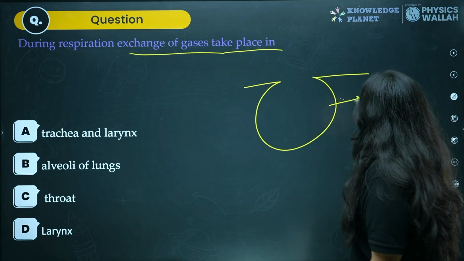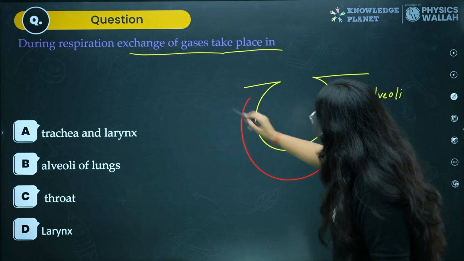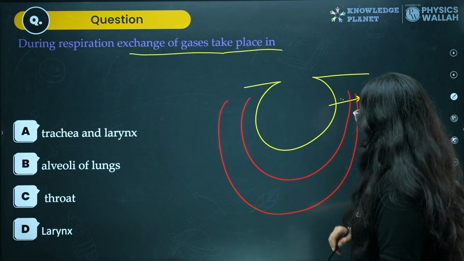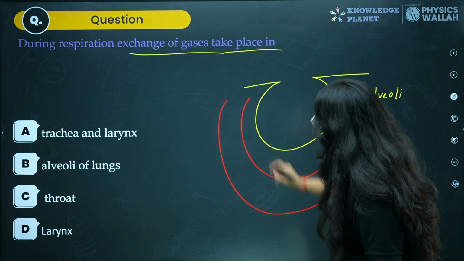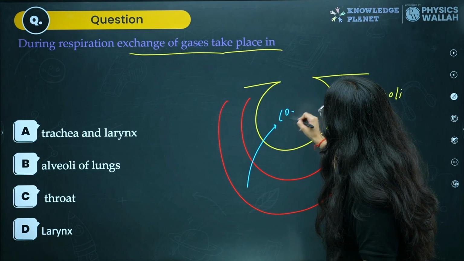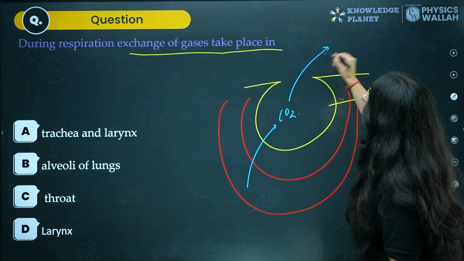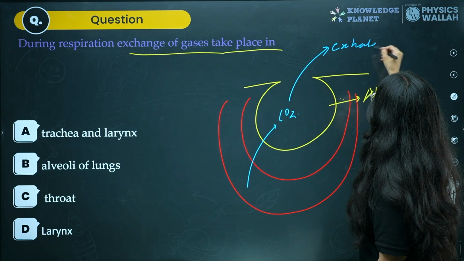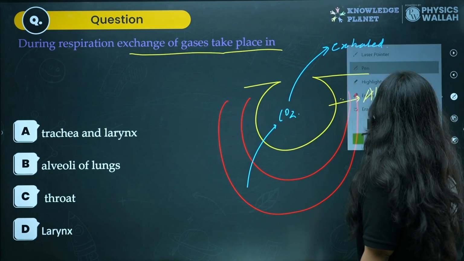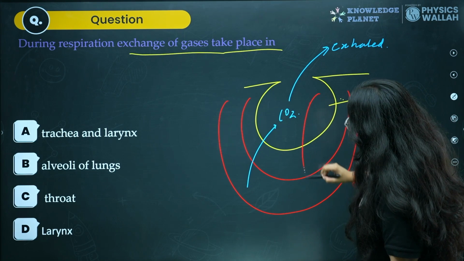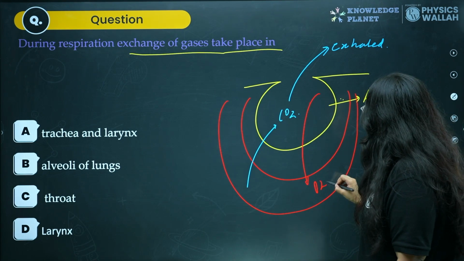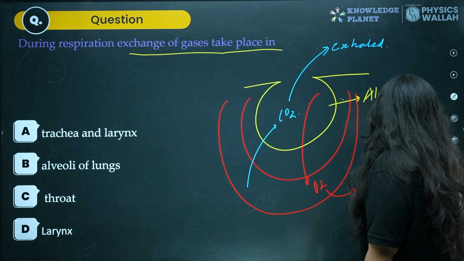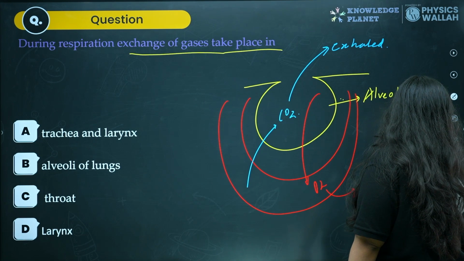Alveoli consist of an extensive network of blood vessels. So the blood vessels give up the carbon dioxide into the alveoli so that it can be exhaled out, whereas the alveoli give up the oxygen to the blood vessels so that it can be taken to the cells to make energy from it.